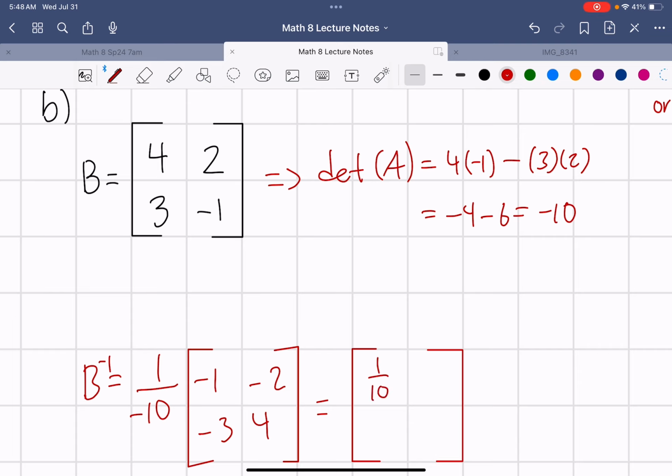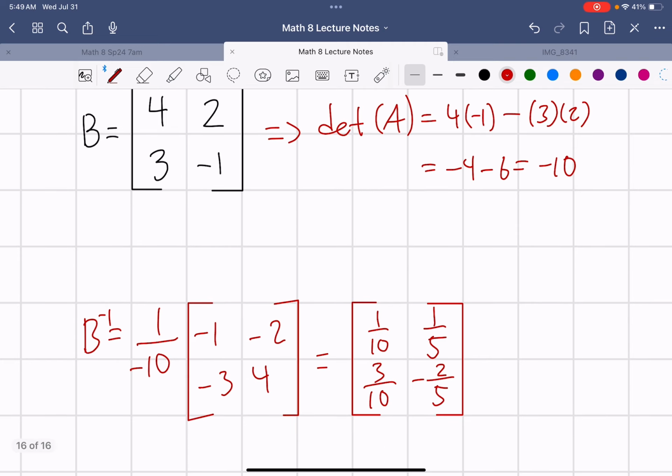Negative 2 times 1 over negative 10 will simplify to 1/5. 3 times negative 1/10 is going to be positive 3/10. 4 times 1 over negative 10 is 4 over negative 10, but you can simplify that as 2 over negative 5, because 2 goes into 4 2 times, and 2 goes into 10 5 times.